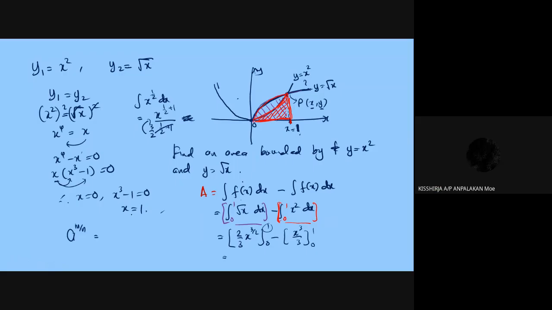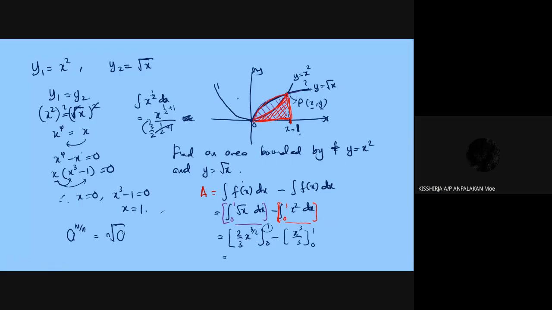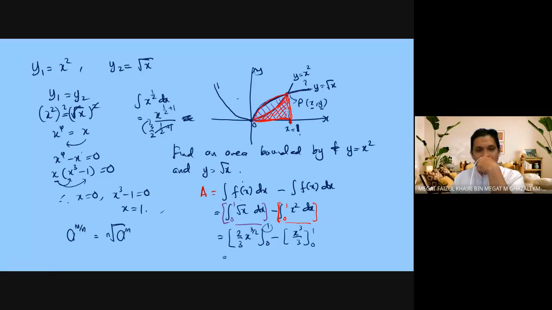It is the n-th root of a to the power of m. So this is considered as the power here, and this is the n-th root.